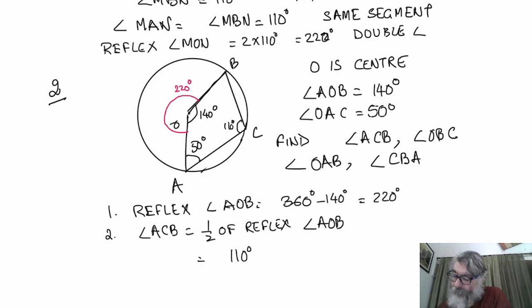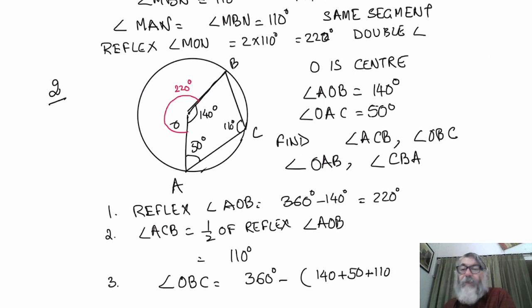OBC is simple. The sum of the interior angles of a quadrilateral is 360 degrees. So 360 degrees minus (140 plus 50 plus 110). We know the remaining three angles. One is 140, another is 50. 140 plus 50 is 190. 190 plus 110 is 300.